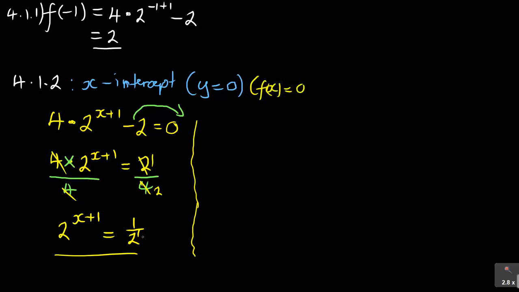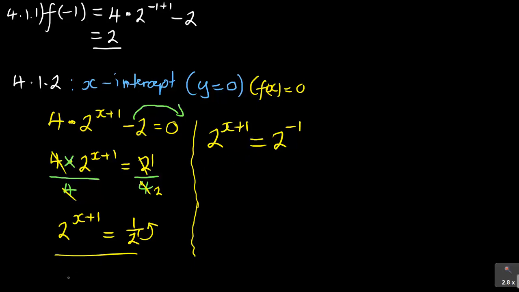So I have 2 to the power of x plus 1 is equal to 2 to the power of -1. As a student doing matric at this stage, you need to be able to solve that. But there is a lesson where I teach exponents and the laws of exponents, as well as exponential equations. Check my previous videos, you'll be able to find how to solve that.